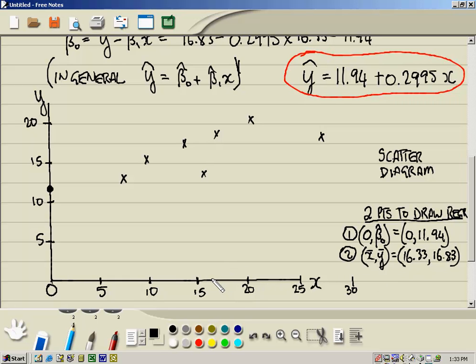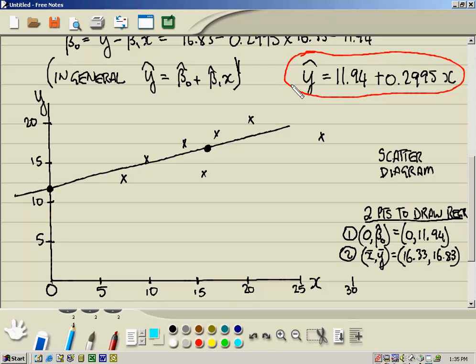Alright, 16.33 and 16.83 will be roughly here, and then we can join our points. Alright, so now we've joined our 2 points and extended the line, and this then is the regression.